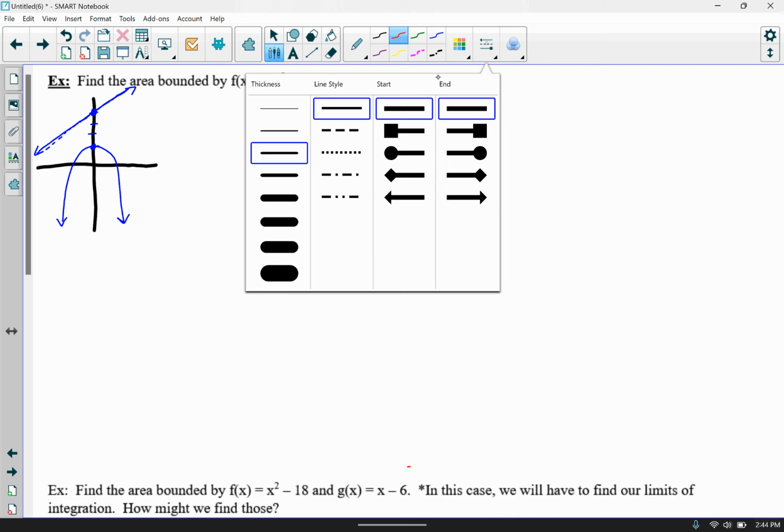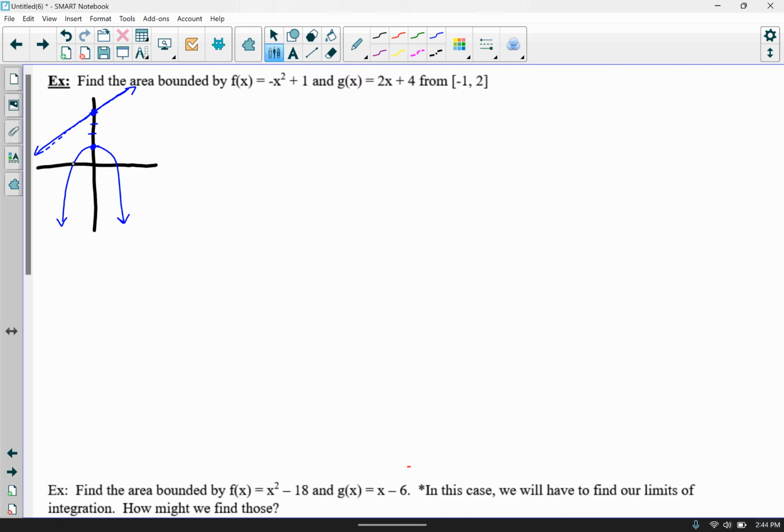So let me get that region shaded here for you. Here's -1, and then positive 2 would be out here, roughly. It's not quite to scale, but essentially this is the area that I'm trying to find, the area between these two curves.